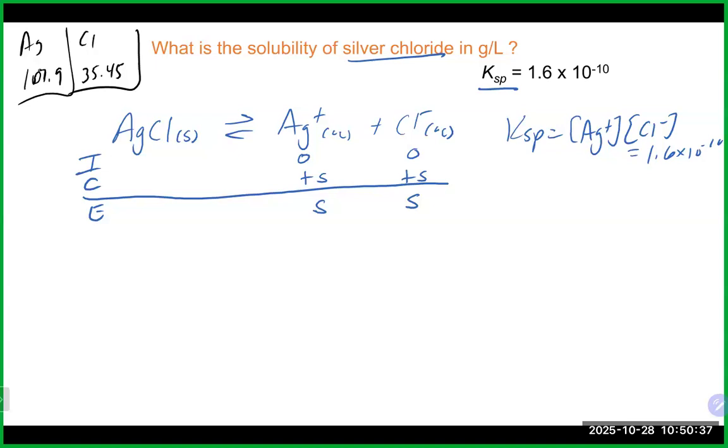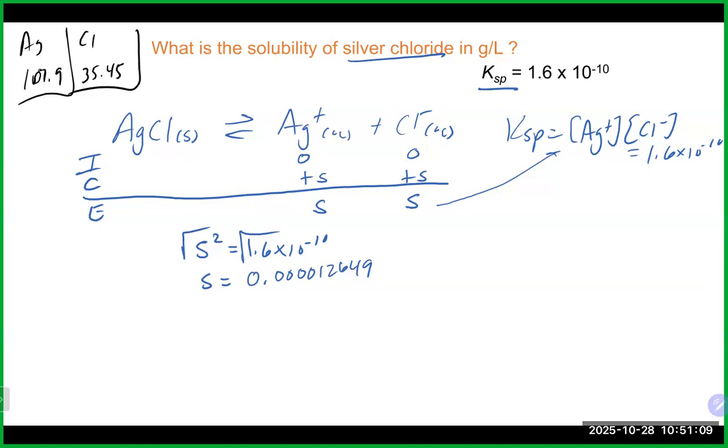This goes into our KSP expression, and that gives us S squared equals 1.6 times 10 to the minus 10. Taking the square root on both sides, 1.6 times 10 to the minus 10 gets us 0.00001269.